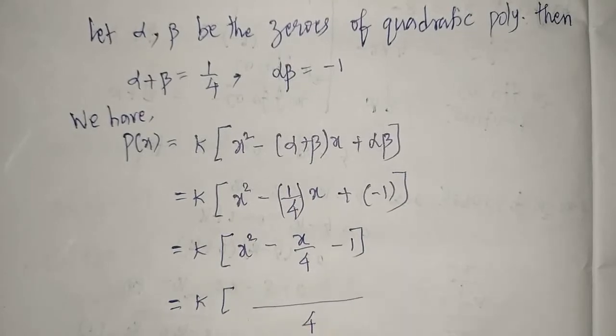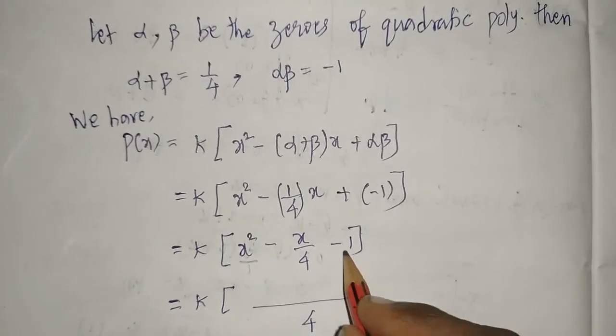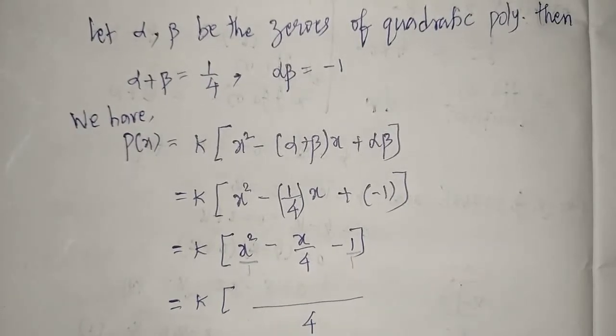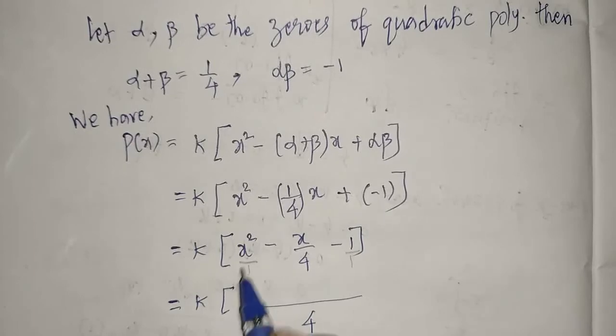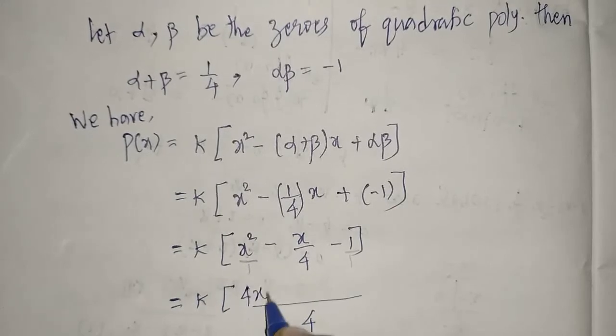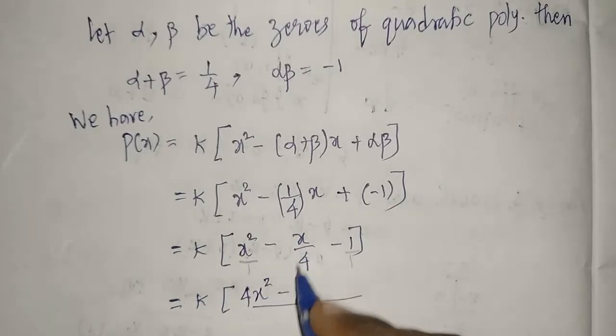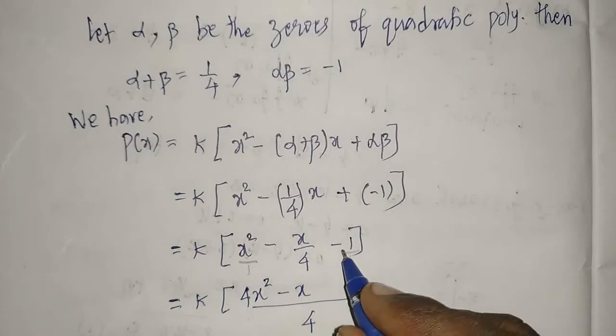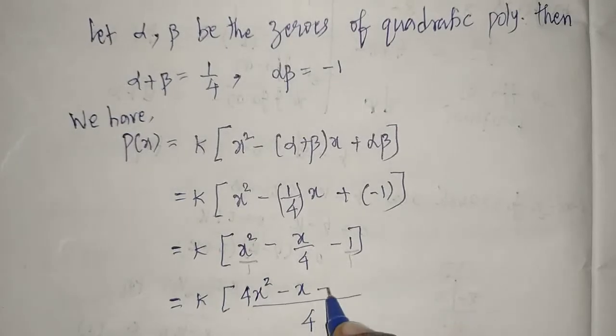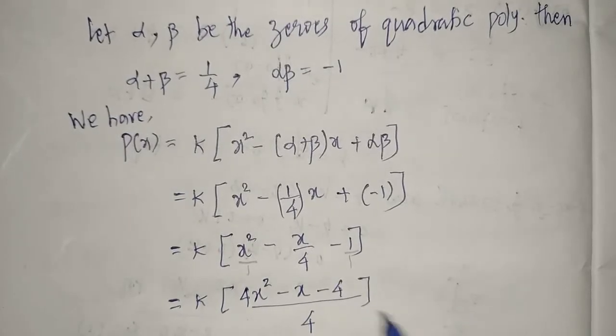Here nothing is there, so you have to consider it is divided by 1. Now what number if you multiply with 1 you will get 4? The 4 we have to multiply in the numerator, then 4x square, and here minus 1 into 4, minus 4, that is our answer.